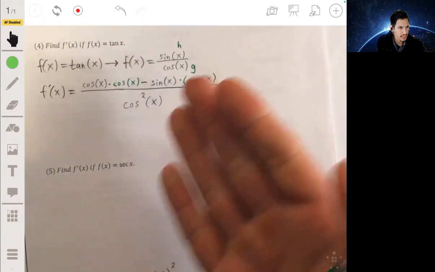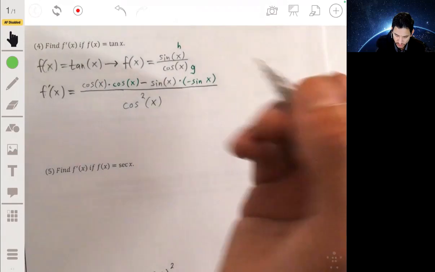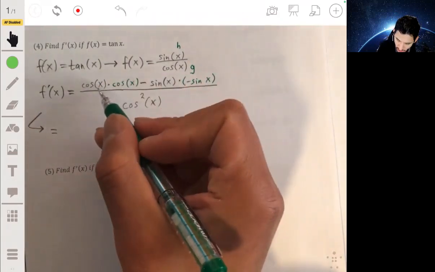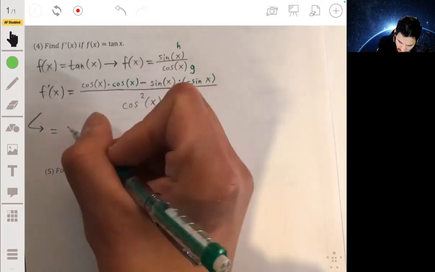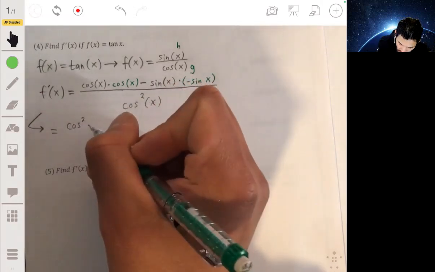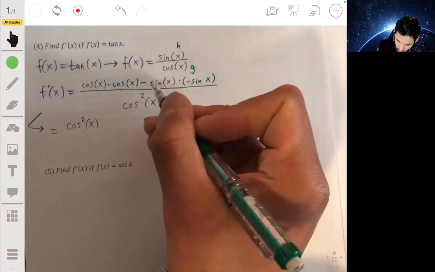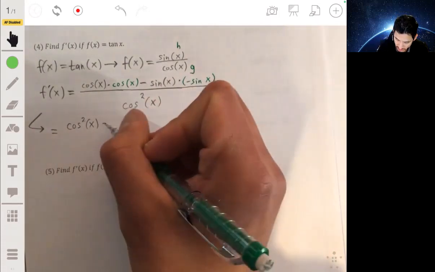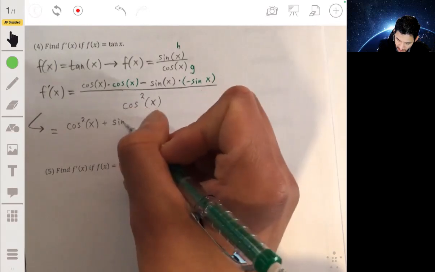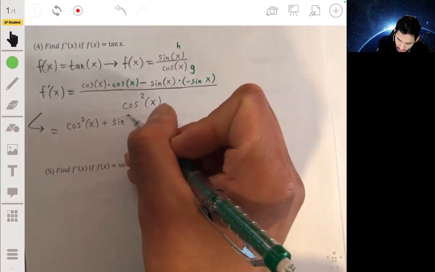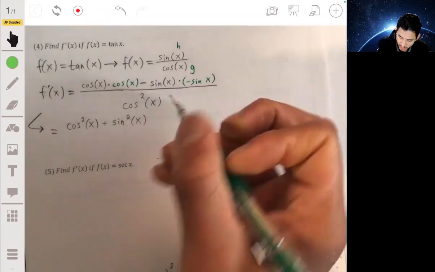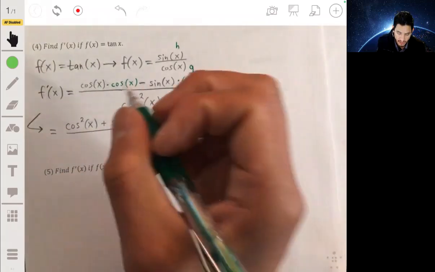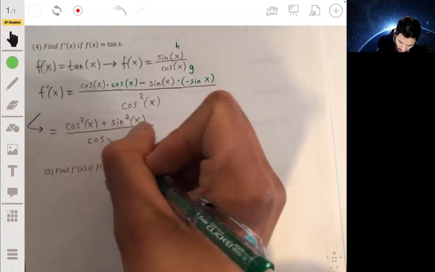And now we're going to simplify this, or rewrite it. So this is equal to the cosine of x times the cosine of x, that's the cosine squared of x, minus a negative sine of x times the negative sine of x, which is the same as adding the sine function squared of x, all over the cosine function of x squared.